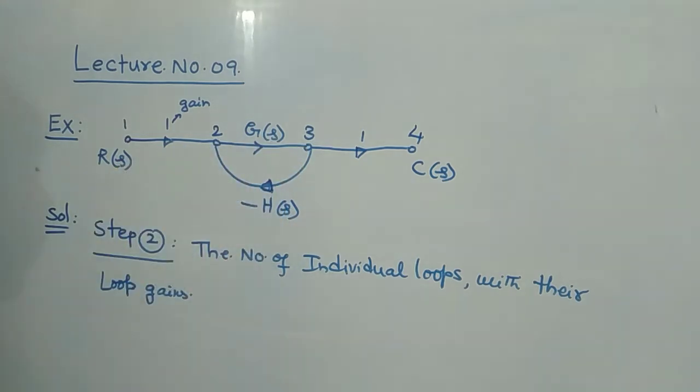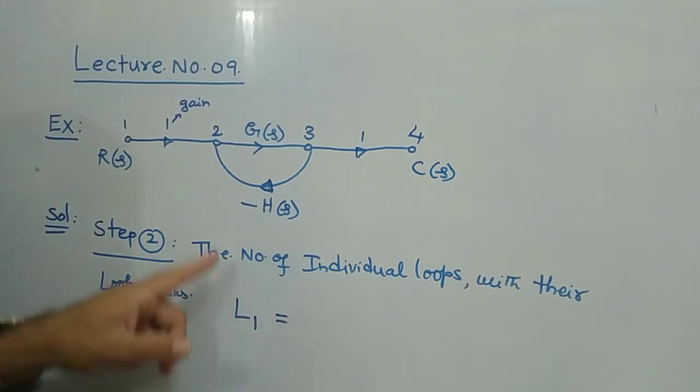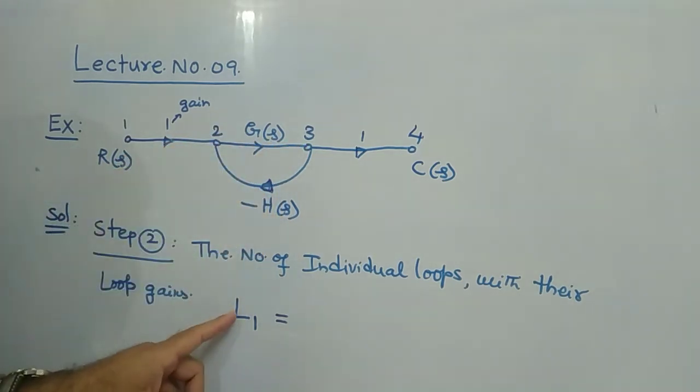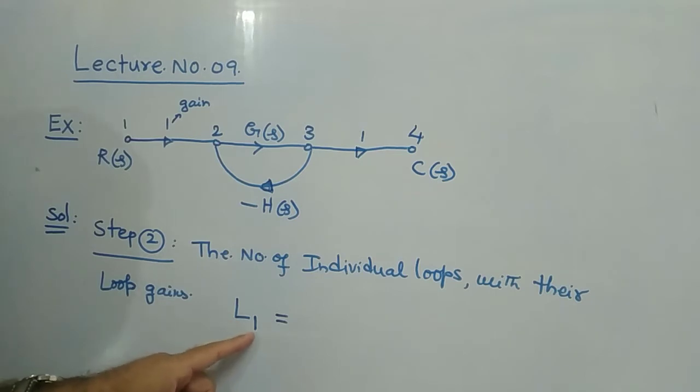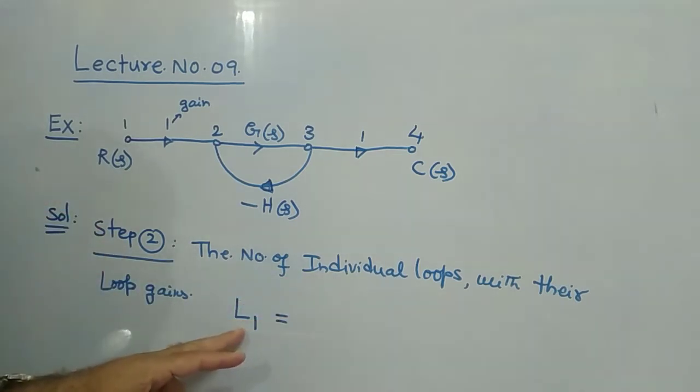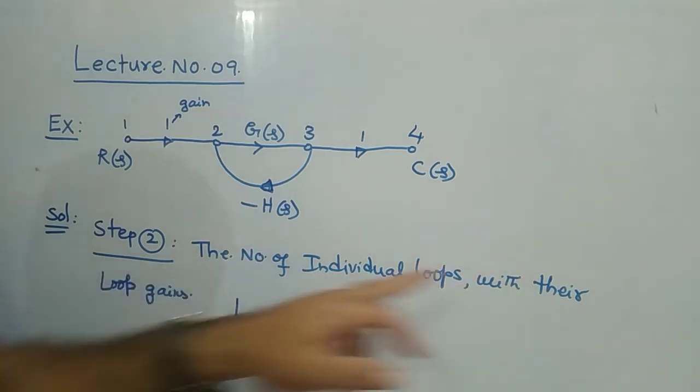That loop is identified by L1, L with suffix 1. L means an individual loop, identified by the capital letter L, and as you have only one loop, it is represented by L suffix 1. Therefore, L1 is equal to, so this is your individual loop with its loop gain.